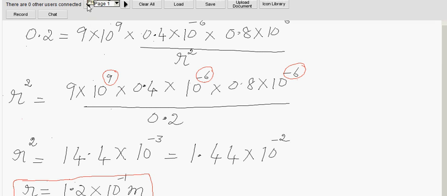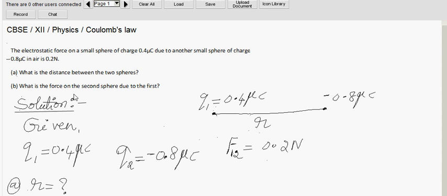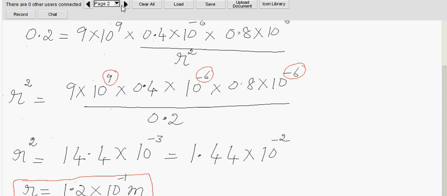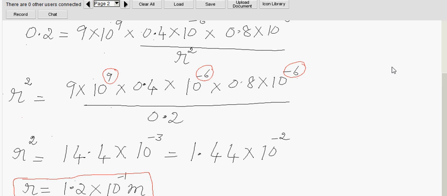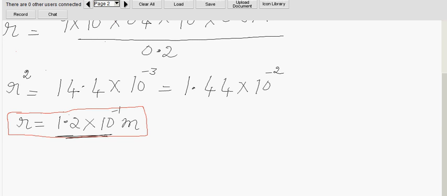Now the second question is, what is the force on the second sphere due to the first? We know F21 is equal to F12.